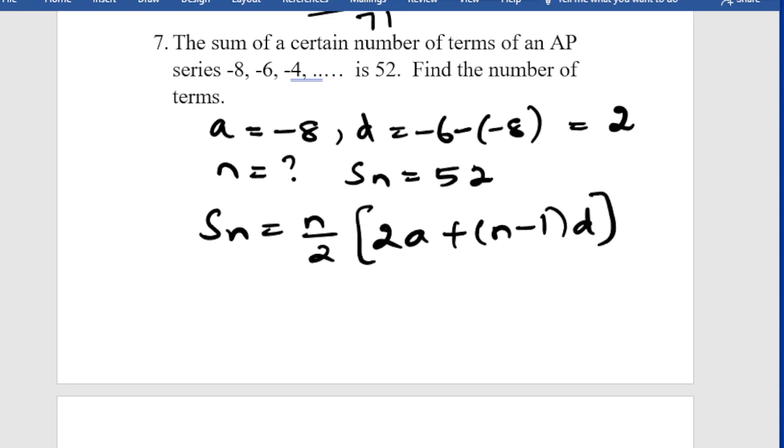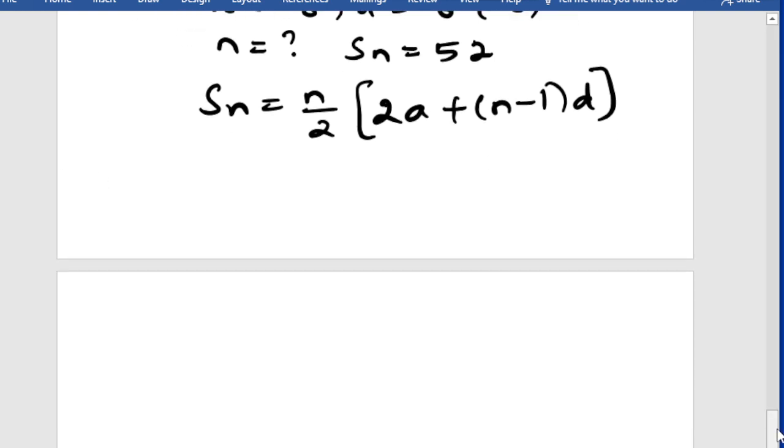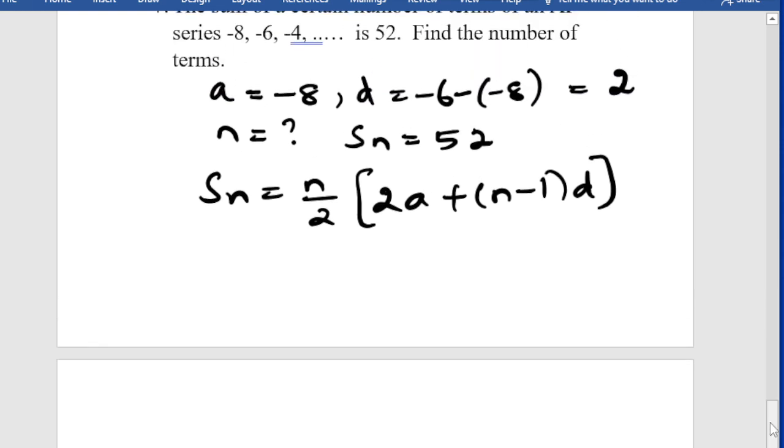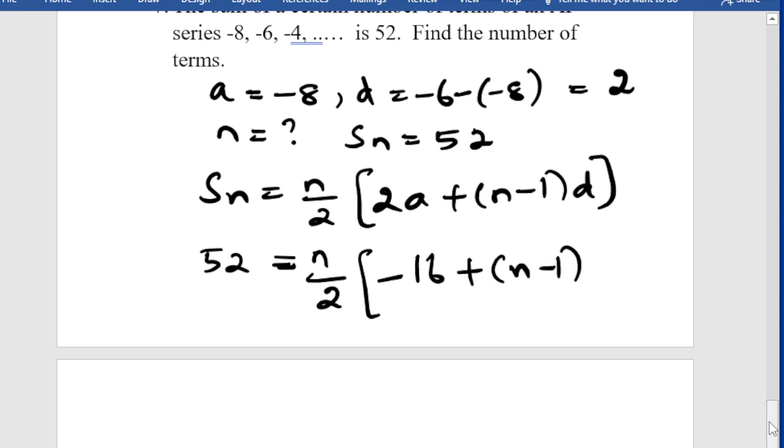From the progression we can get a and d. So we have to apply this formula. Substituting Sn, the sum of the progression is 52. 52 equal to n by 2, n is unknown, 2 times a, which is minus 8, that is minus 16, plus n minus 1 multiplied with d, that is 2.